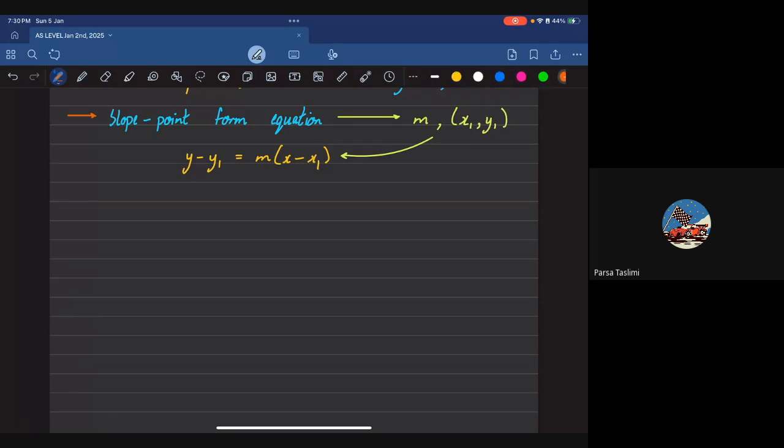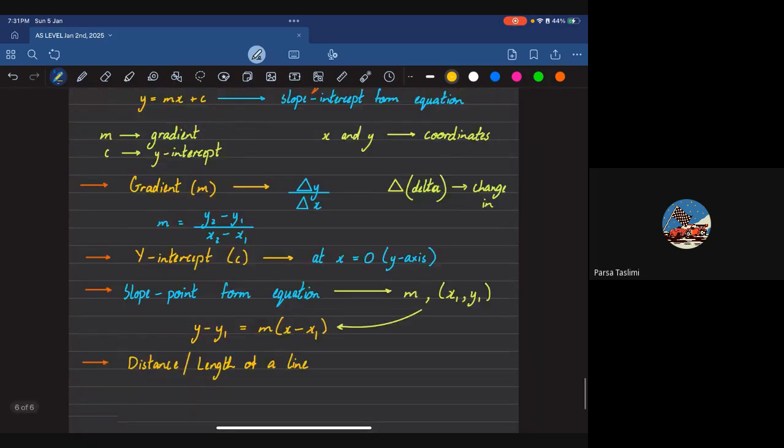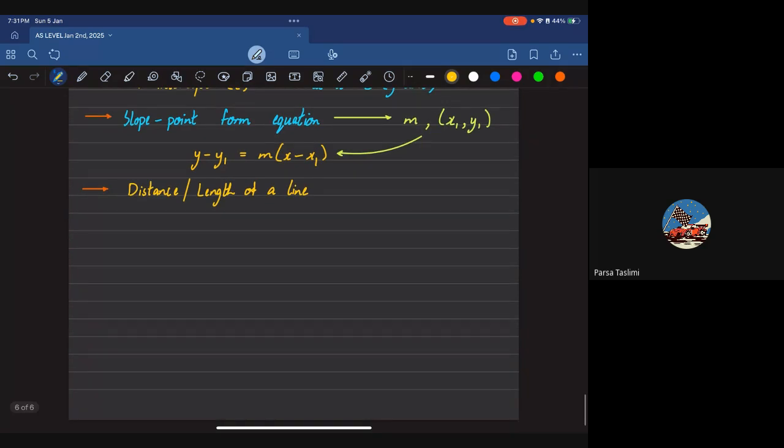You need to know the distance formula for a linear equation as well. So let's look into the distance, or you can say the length of a line. So, the distance formula states, what does it state?